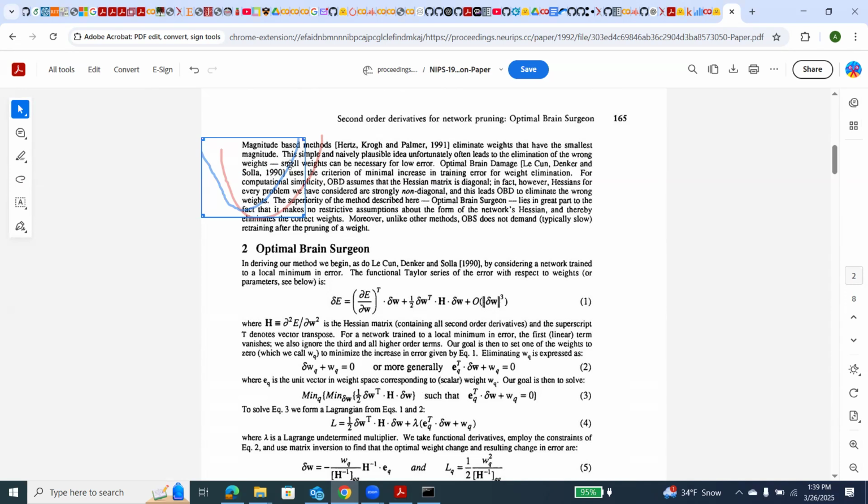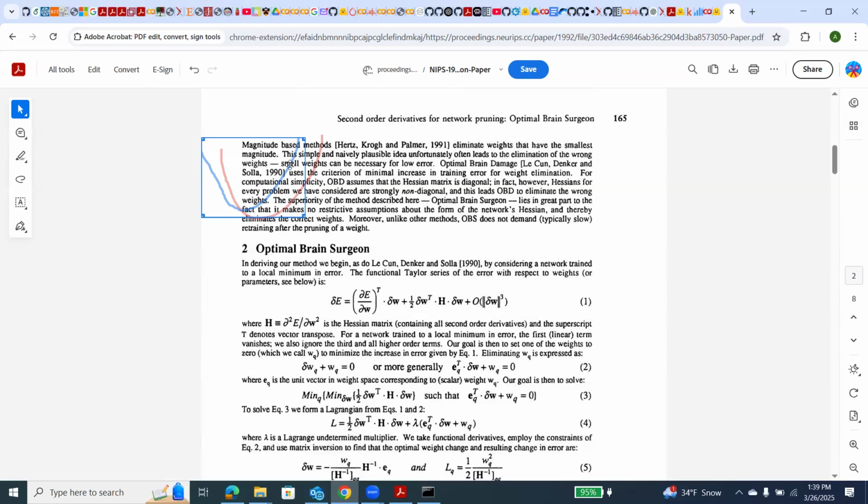Then we will remove another neuron and update the others.